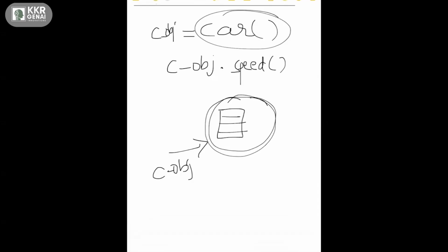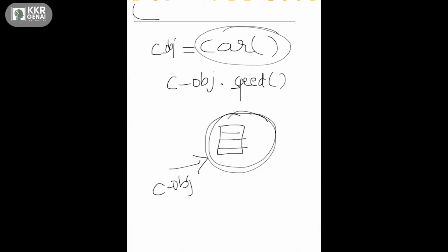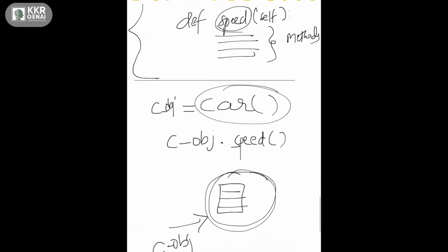Let's assume all these variables are instance variables; I'll talk about that in time. All the instance variables or static variables are stored in this object. So whenever you create an object and then call this, three things will happen.